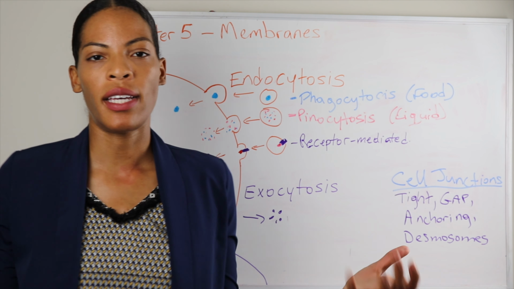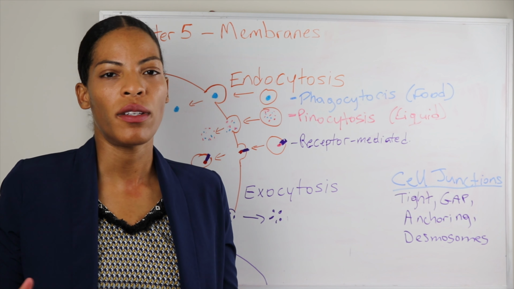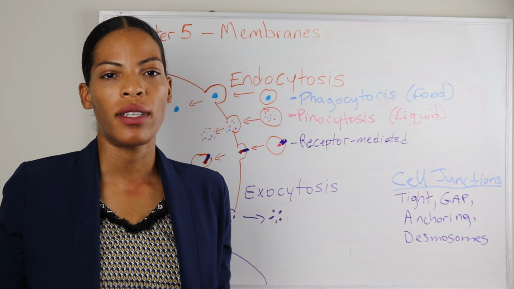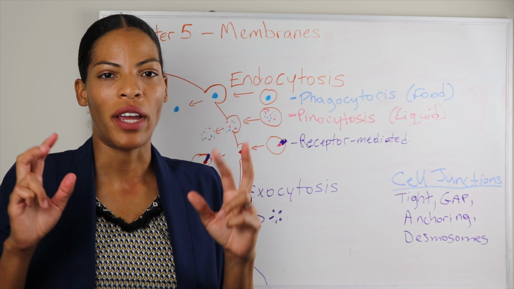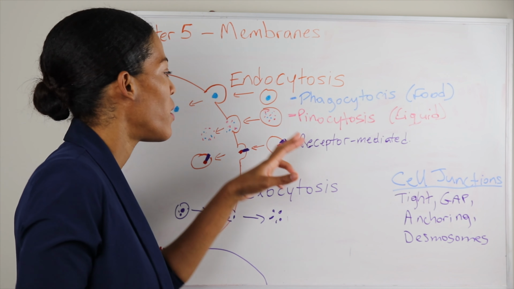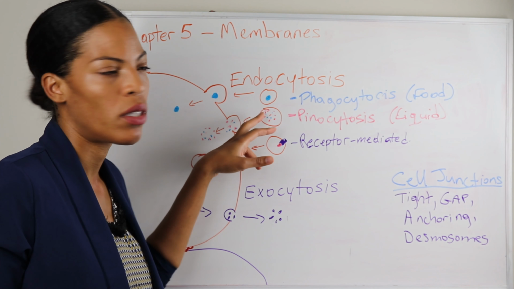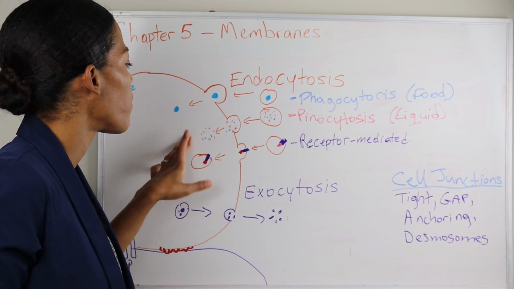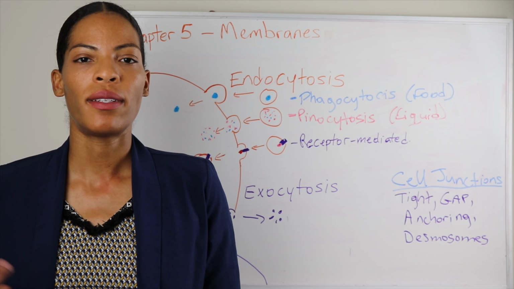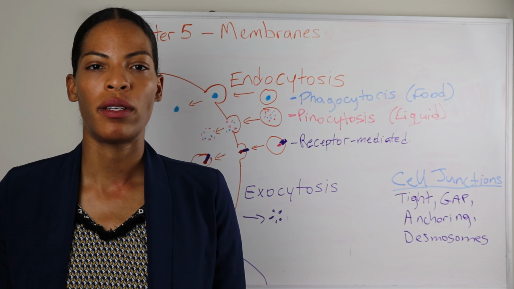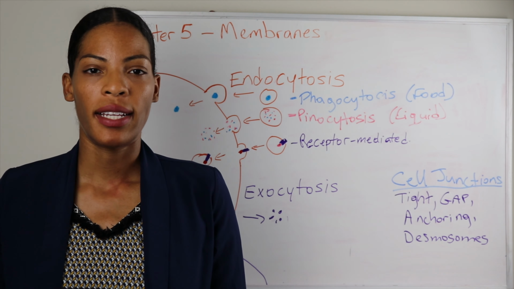If your cell needs to take a solution in, like some water plus some different solutes and small molecules, it's kind of like a solution, and your cell will basically drink it. And that's known as pinocytosis, where you're taking in a liquid form or a liquid solution into the cell. And then sometimes your cell endocytoses specific molecules that first have to bind to a receptor molecule, then get into the cell.